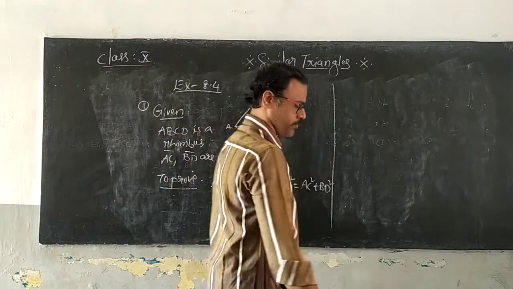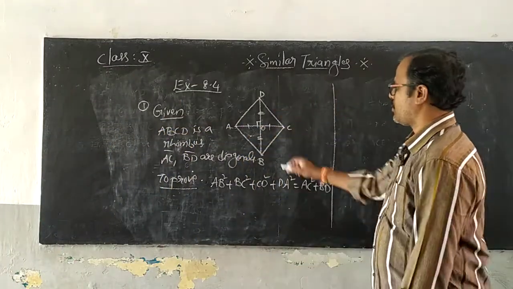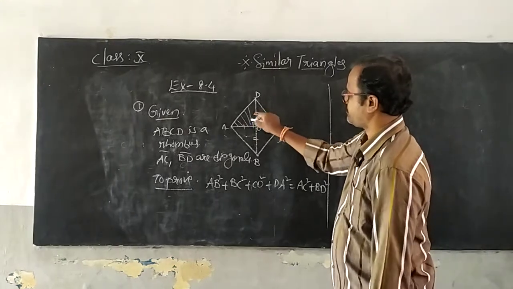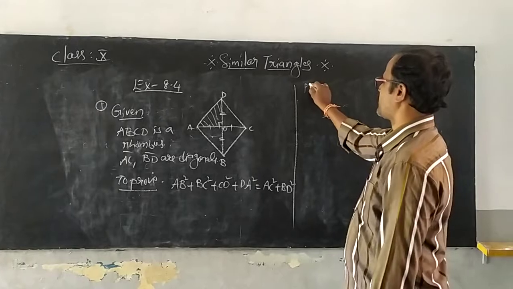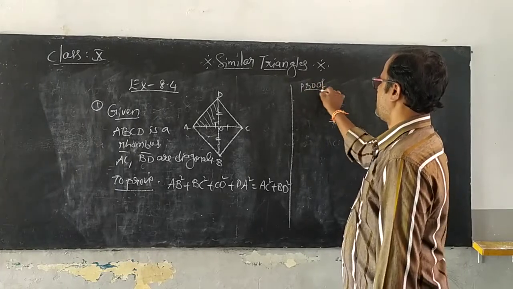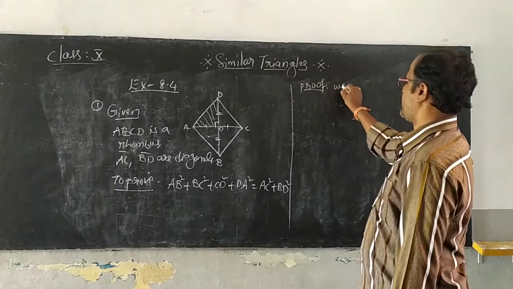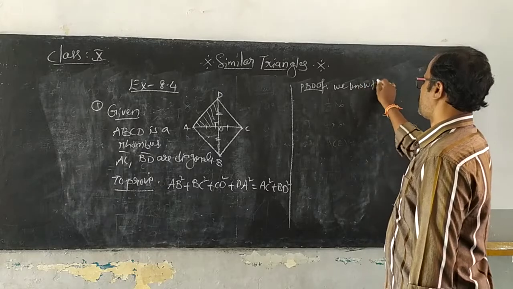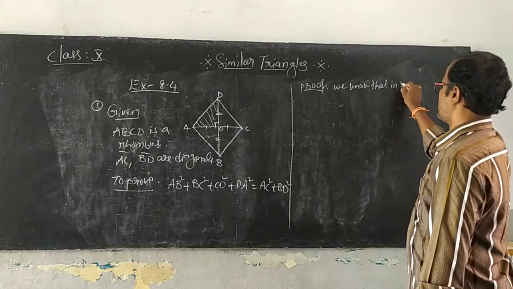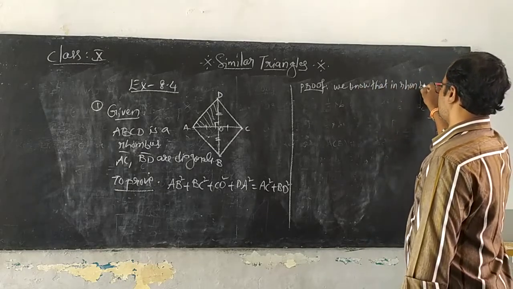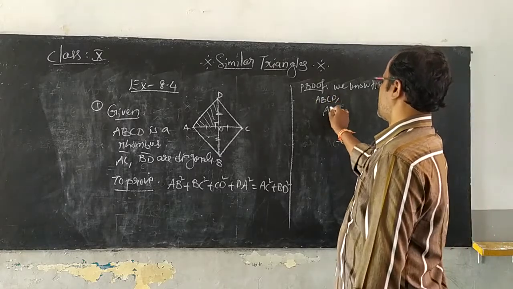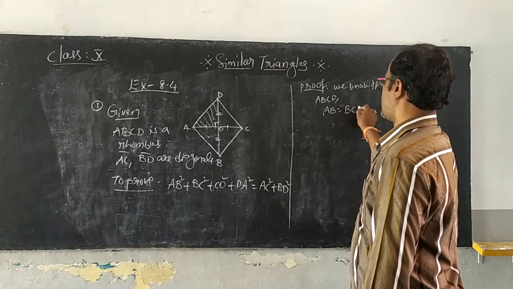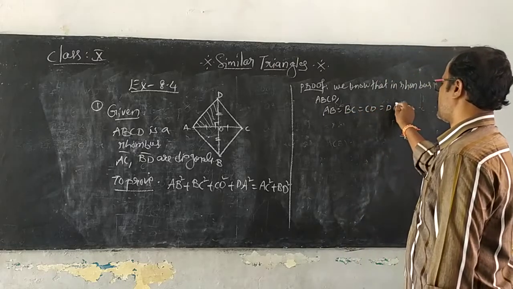It's very simple. You take only one triangle here, that is enough. But before taking the triangle, we take some conclusions about the rhombus. We know that in rhombus ABCD, AB is equal to BC is equal to CD is equal to DA.